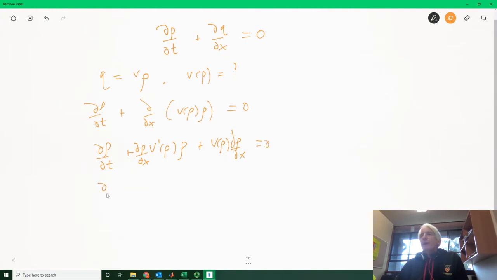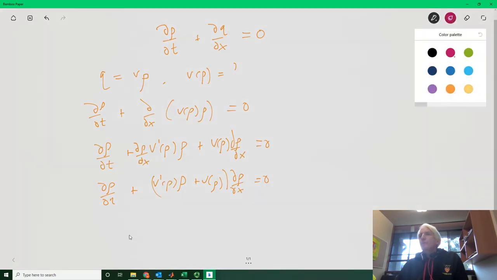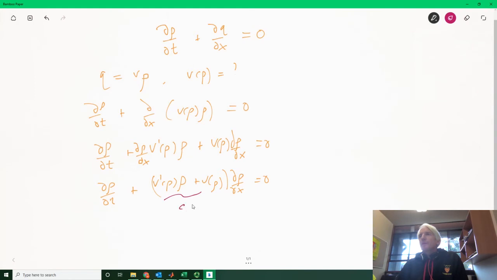So the equation becomes ∂ρ/∂t plus [v'(ρ) times ρ plus v(ρ)] times ∂ρ/∂x equals 0. And that there we call c(ρ). So c(ρ) is equal to v'(ρ) times ρ plus v(ρ).